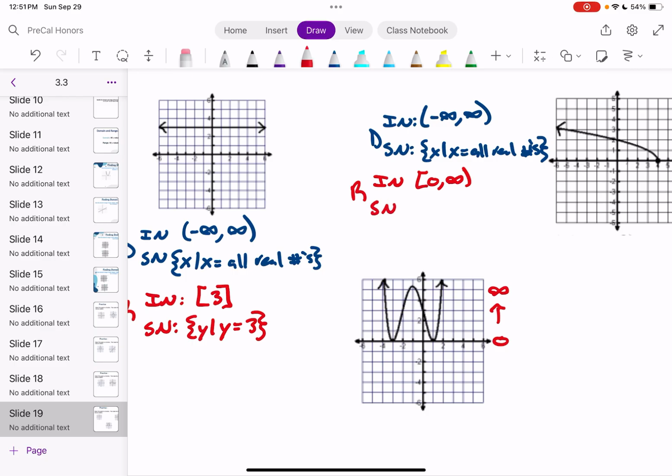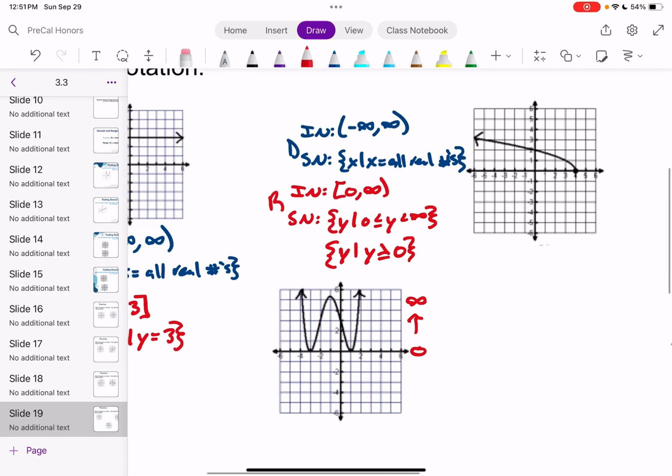Our set notation would be y such that 0 is less than or equal to y, which is less than infinity. We could also write this as y such that y is greater than or equal to 0. Either one of those answers would work for that problem.